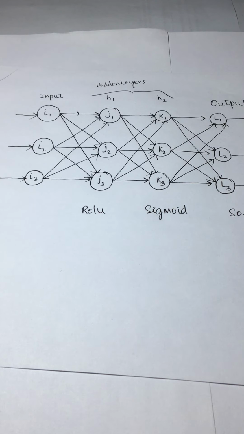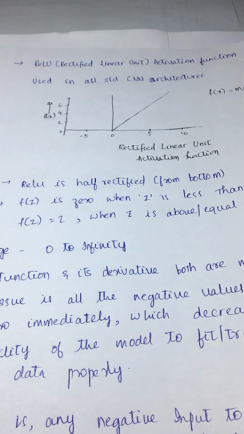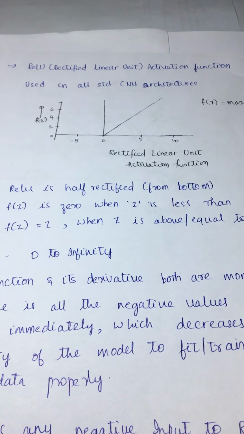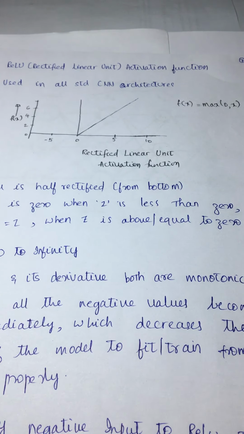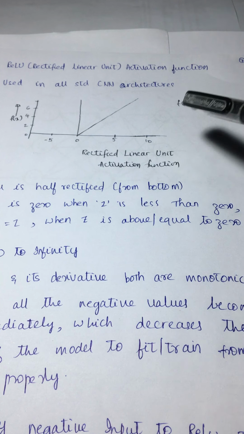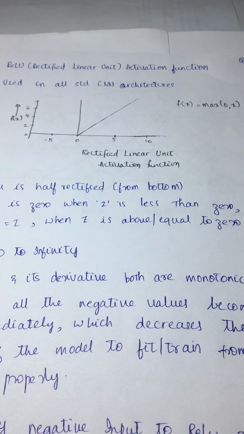The next commonly used activation function is something which is called Relu activation function. Relu is nothing but rectified linear unit. Relu is nothing but max of 0 to x. So whatever value you get, you just take the maximum of 0 and x.